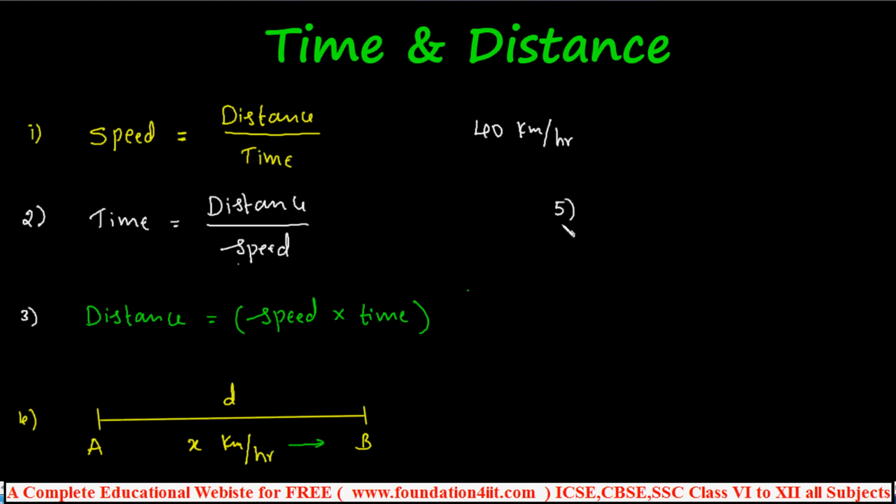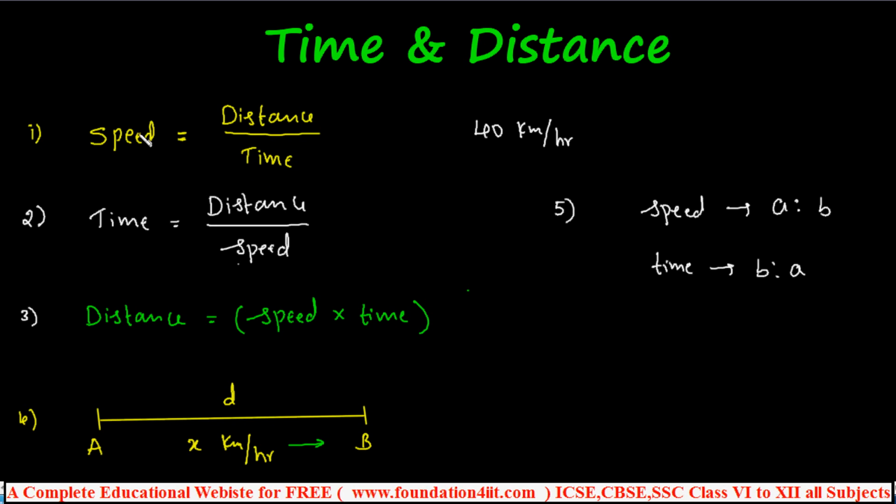And one more. If the speed of a body changes in the ratio A is to B, then the ratio of the time taken changes as B is to A. Simple thing: when the speed is increased, time will be decreased.